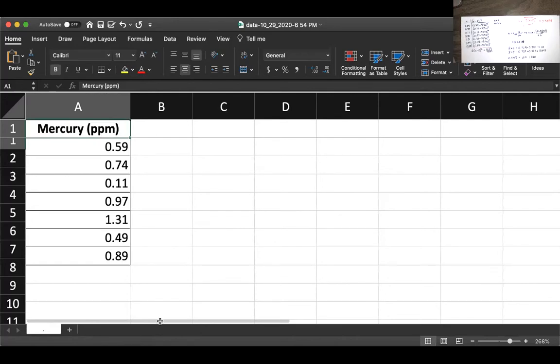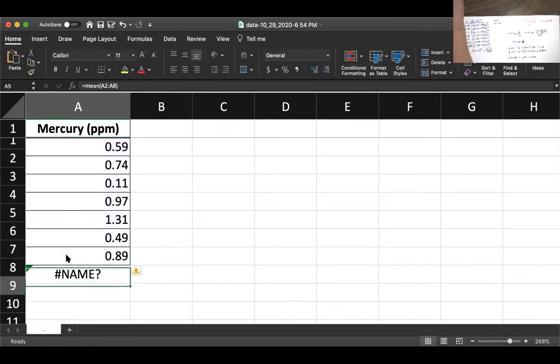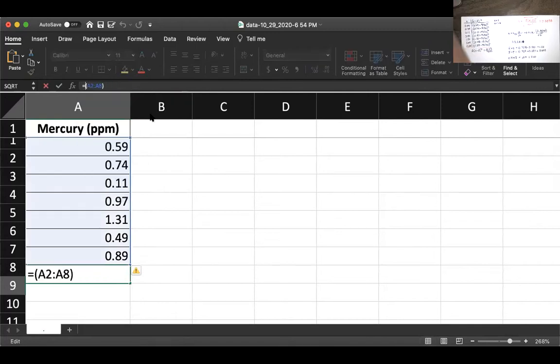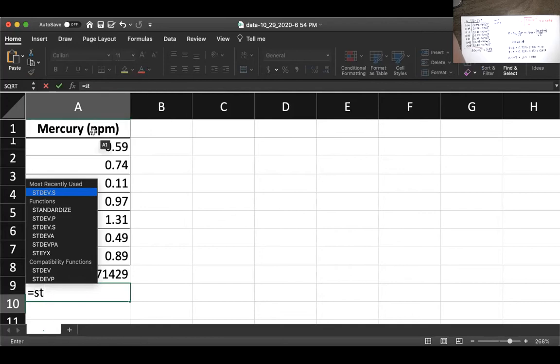So here's our X values. If I want the mean of this sample, I can just say mean of all of this. Oh, actually, the command in Excel is not mean, it's average. I'm sorry. There we go. 0.7285, and that's what I got over here on paper, 0.729. And then for the standard deviation, I'll choose standard deviation for a sample.